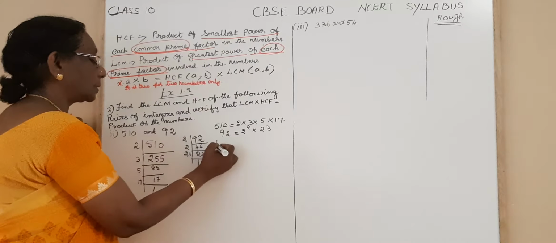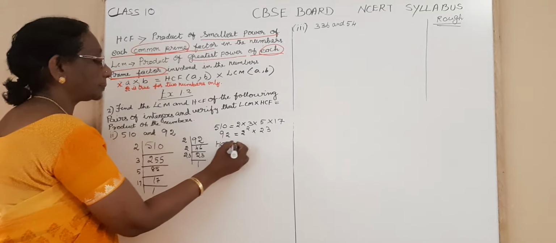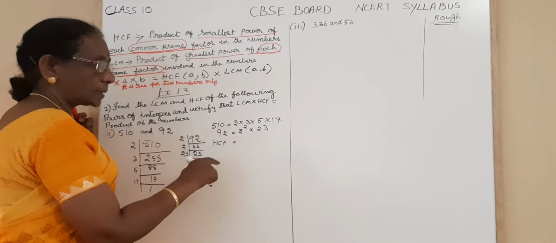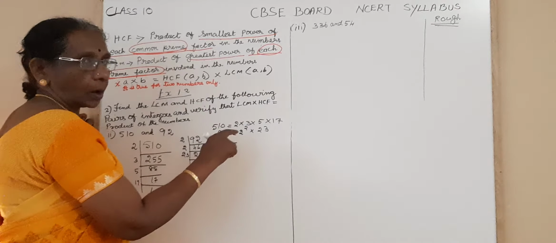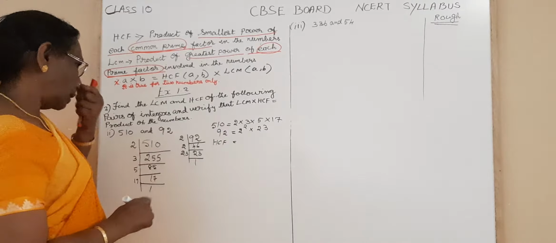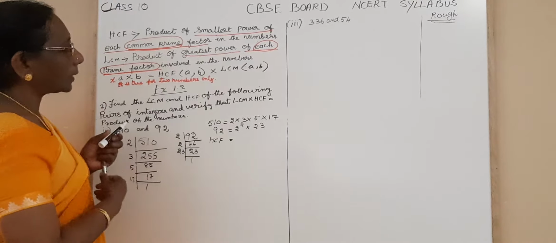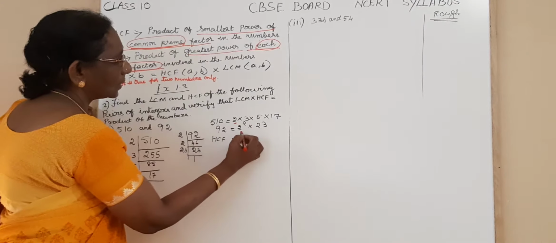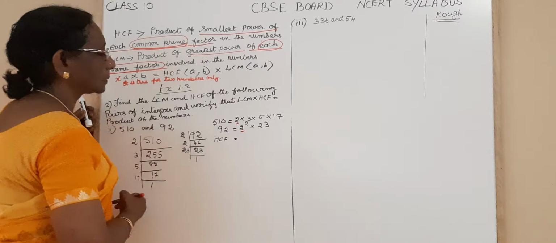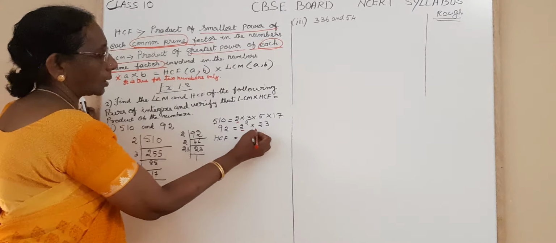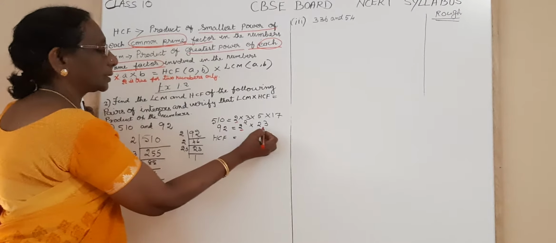Now we have to write the HCF. What is the HCF? Product of smallest power of common prime factors. Now what are the common prime factors here? We are not getting 3 here. 5 also is not a common factor.